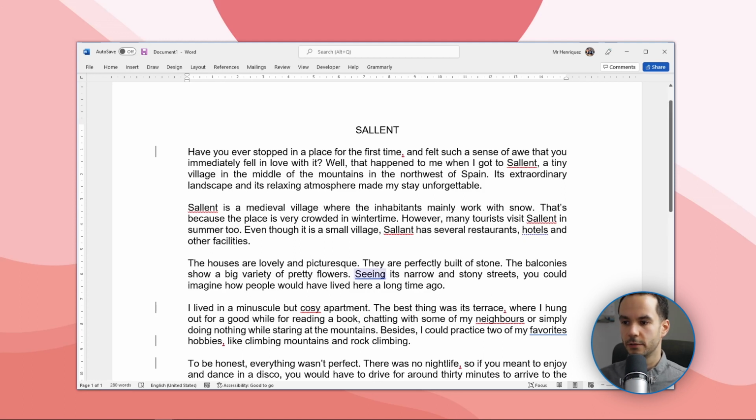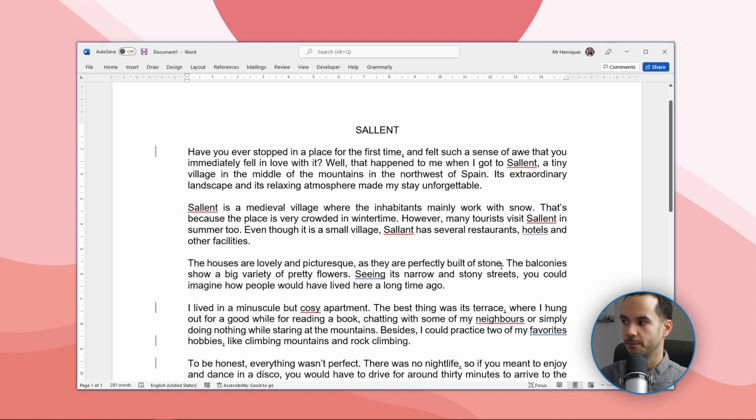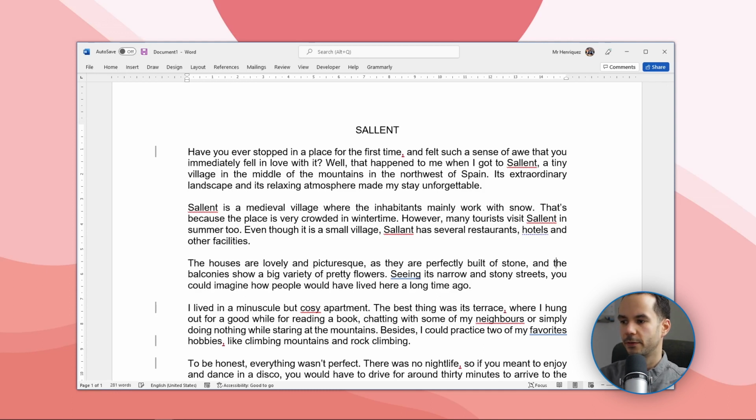So I'm going to change this into the houses are lovely and picturesque, and say as they are perfectly built of stone. And then I'm going to add, and the balconies show a big variety of pretty flowers. So now I've changed 3 simple sentences into one compound complex sentence. And that's what we want to do when you're writing at B2 level.